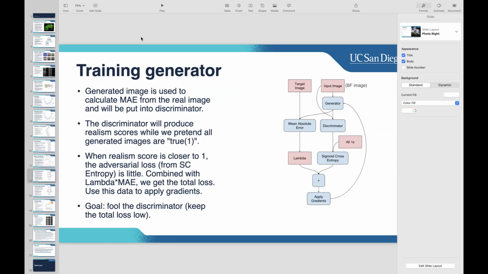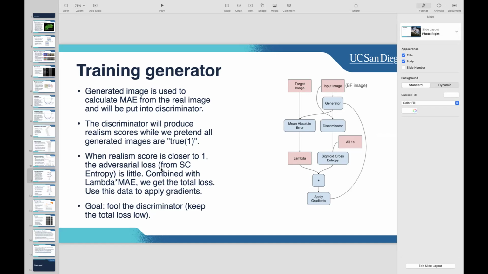So how do we train the generator? The generated image is used to calculate the MAE from the real image and will be put into the discriminator. The discriminator will produce realism scores while we pretend all generated images are real. When the realism score is closer to 1, the adversarial loss from the sigmoid cross entropy is small.